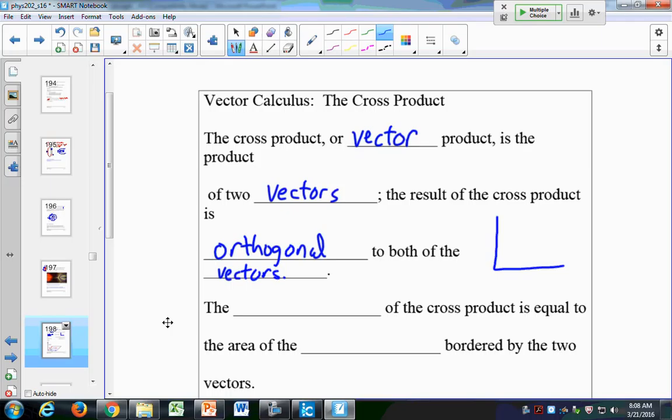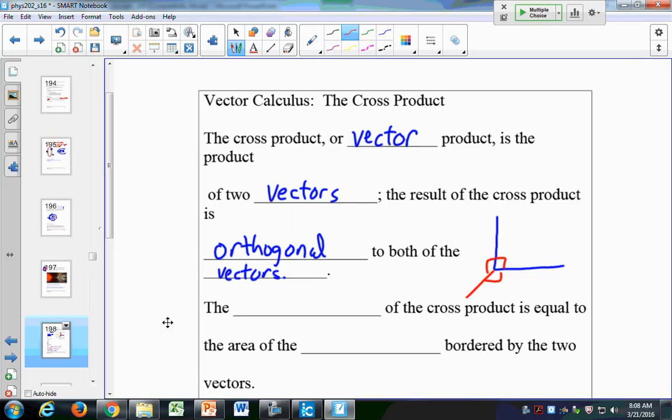So for example, I have my x and my y-axis, they're perpendicular, and then the z-axis is also perpendicular to both the x and the y-axes. And so we'll talk a lot about our right-handed coordinate system. The coordinate system is an orthogonal system. It's always perpendicular to both of the other axes. The z-axis is orthogonal to the x and the y. The x is orthogonal to the z and the y, and on and on.